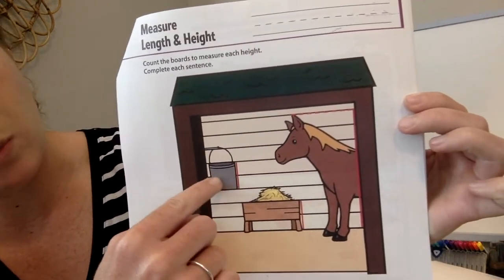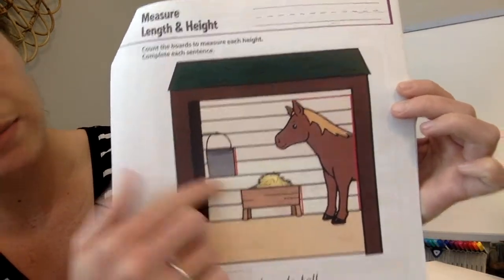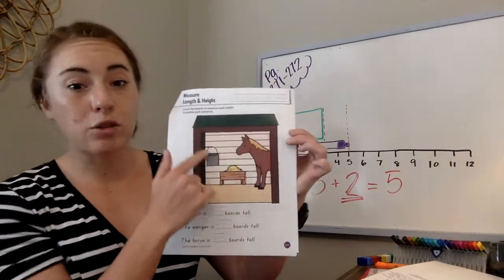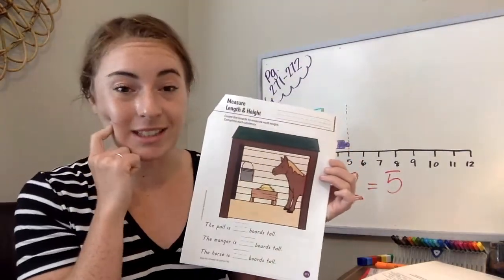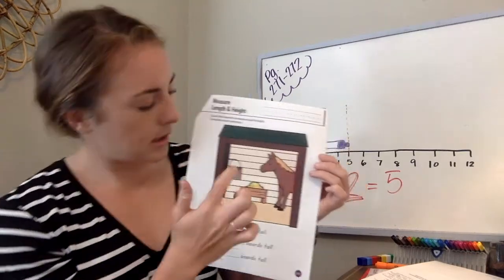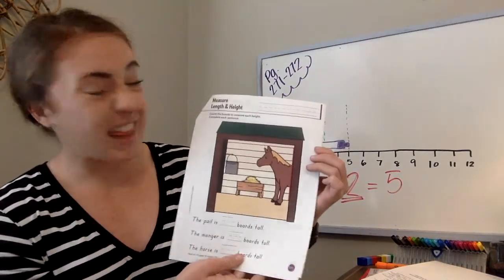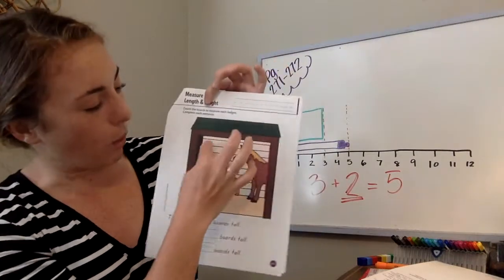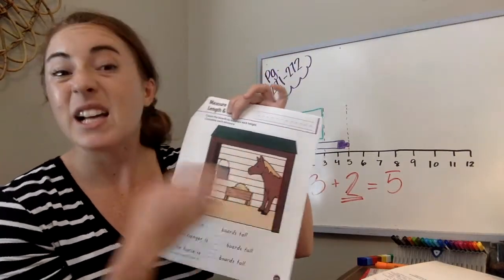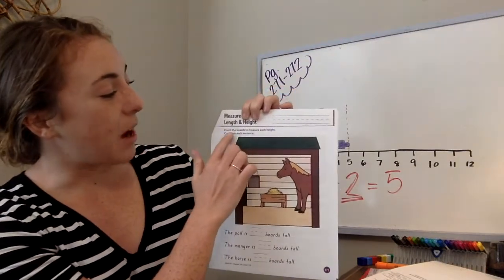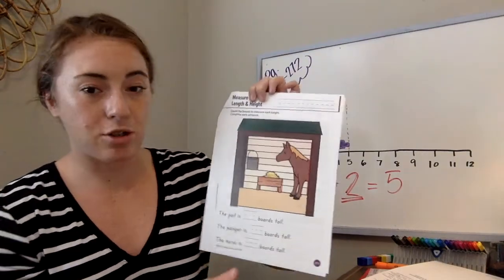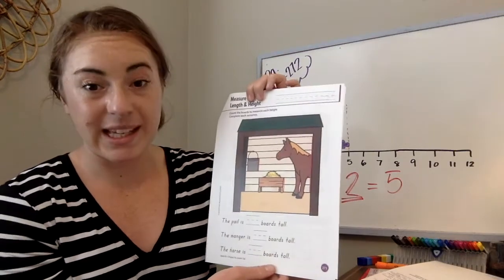Are we measuring the width or how tall it is? We're measuring how tall it is because the red line goes up and down. So we're going to be asking ourselves, how tall is our pail? And I think we can use these boards, these lines behind us, to tell us how long these objects are.